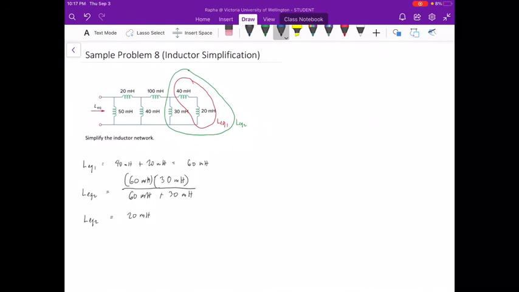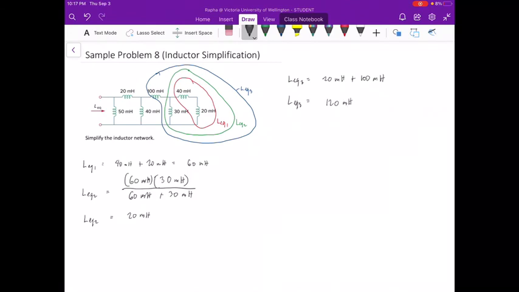Then we can add LEQ2 with this series inductor, and we call it LEQ3. LEQ3 is just a series sum. We have the LEQ2, 20 millihenries, plus 100 millihenries in series to it. LEQ3 is equal to 120 millihenries.